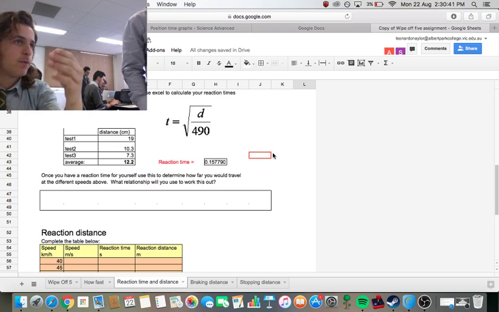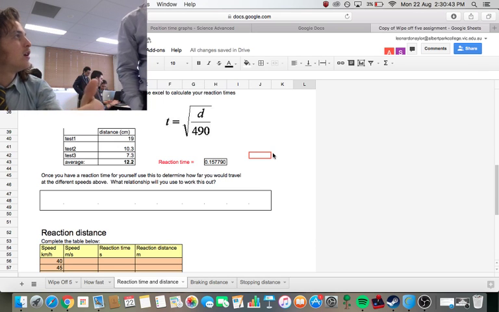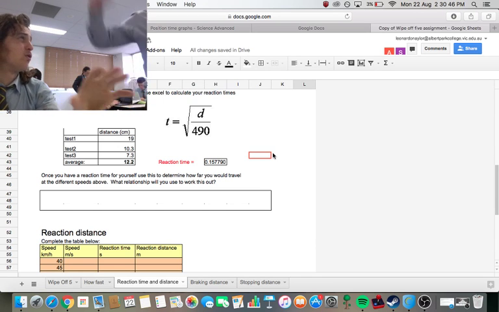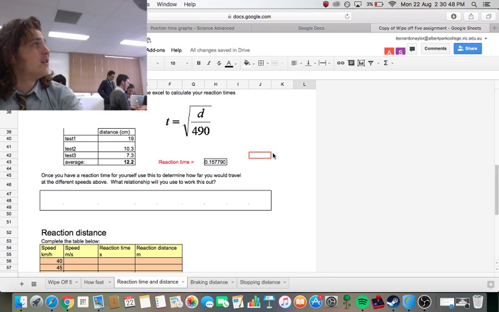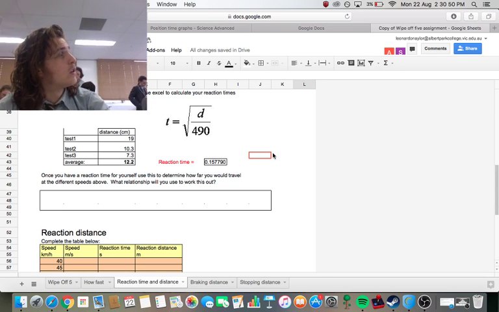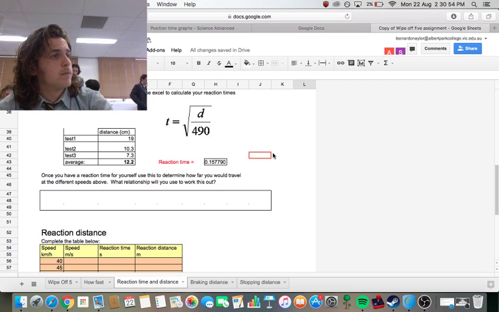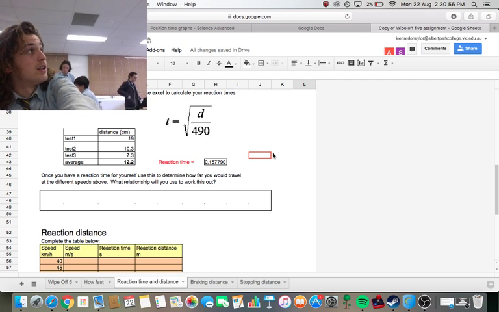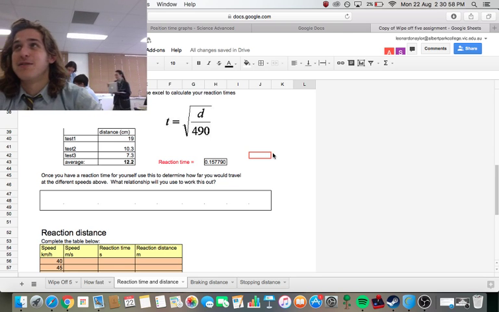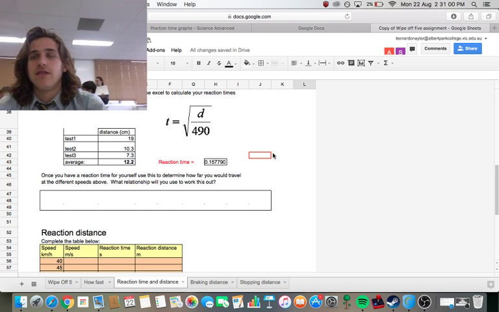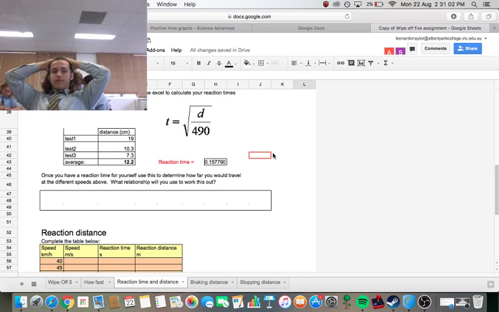Because some of our drops might have gone faster than others. If you throw it, that's another force. But if you just let go of it, the only thing making it speed up is gravity. Nothing else is acting on it. 490 is gravity, because the formula is half gravity times time squared, but it's been rearranged for that particular one.